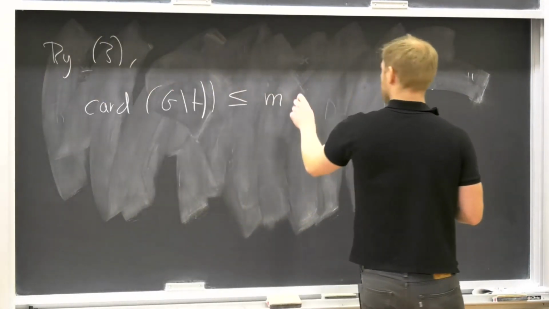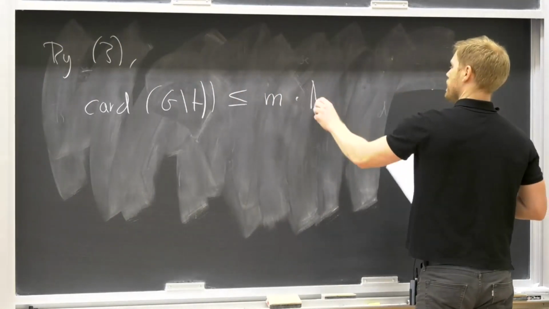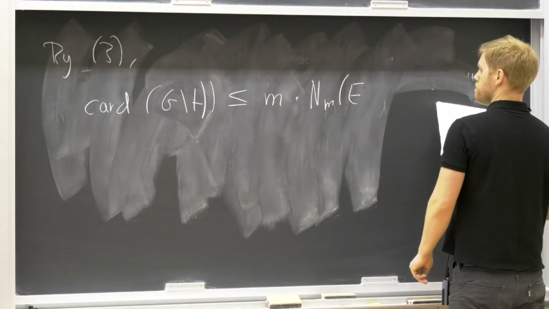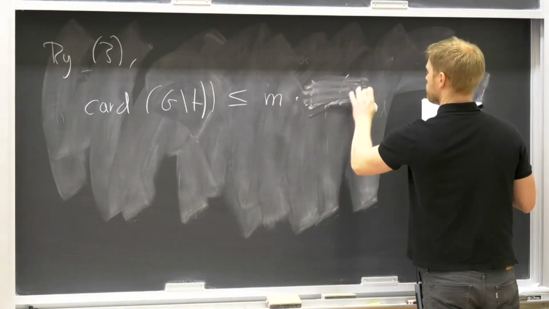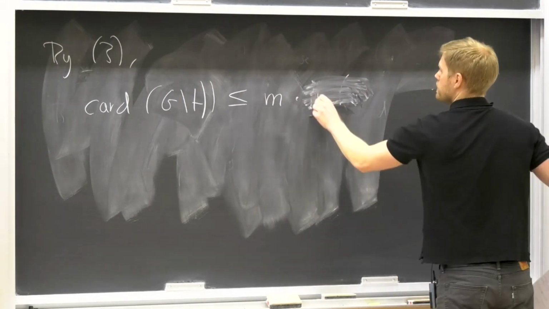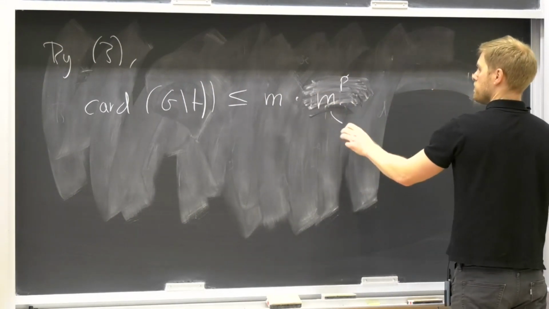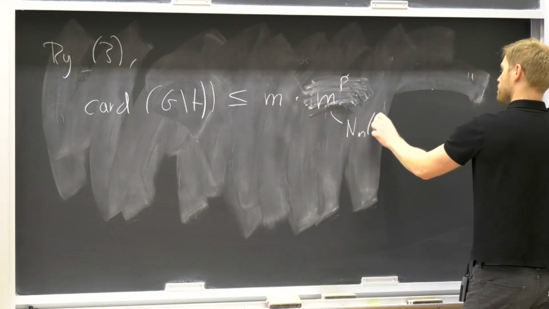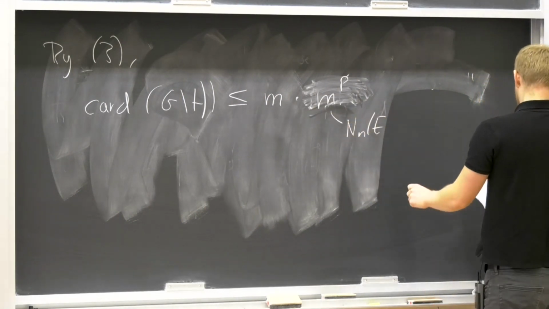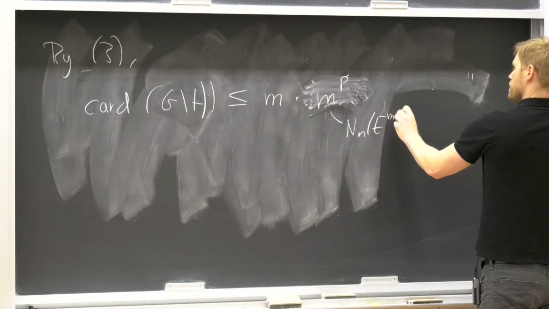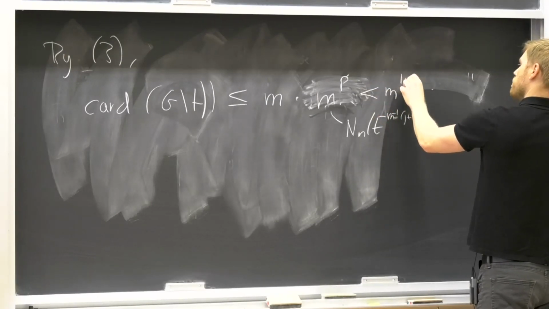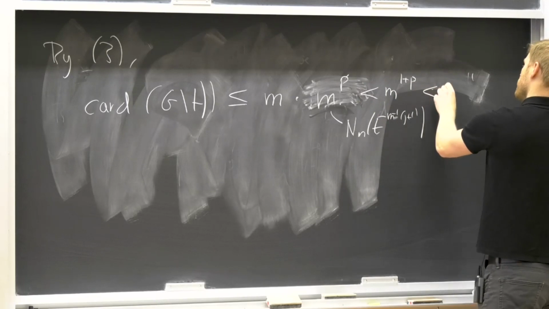So this is smaller than the cardinality of the fiber, which I have to uniformly bound, m to the minus 1 j plus 1. And so this is smaller than I plus 1, and this is smaller than m to the d.